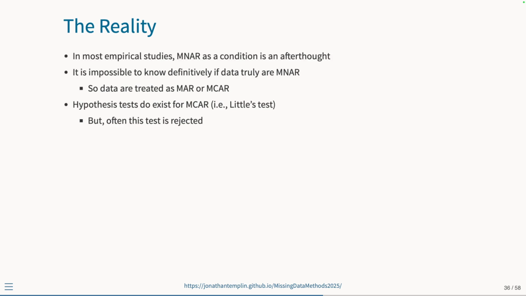And I think part of the reason for that is it's impossible to know definitively whether your data are missing completely at random, missing not at random, or missing at random, right? So if you don't know definitively, you're left with missing not at random being impossible to solve. So let's put that to the side.